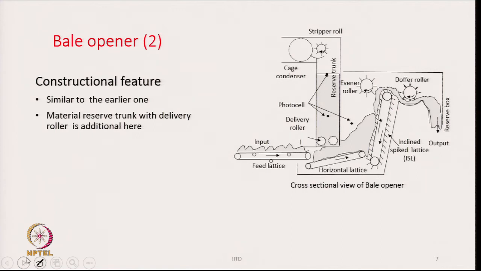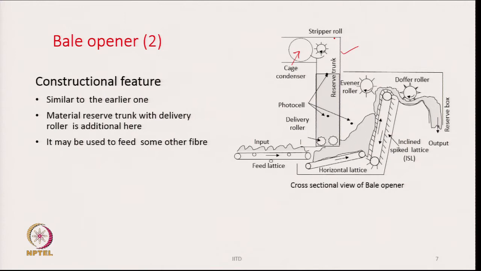Let us say this is another machine, where the extra part that we see here is this part, which was not there. This whole thing, this vertical reserve trunk along with this cage condenser and stripper roll, is not there in the previous machines. The rest of the things are exactly the same.